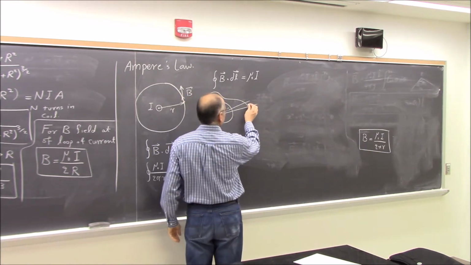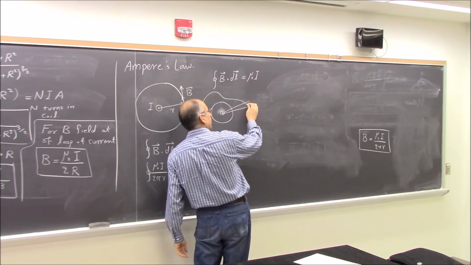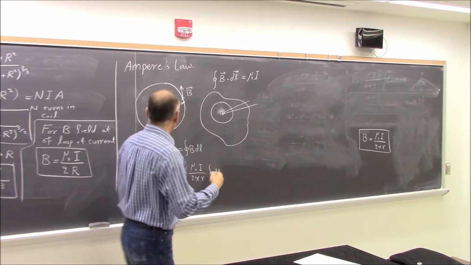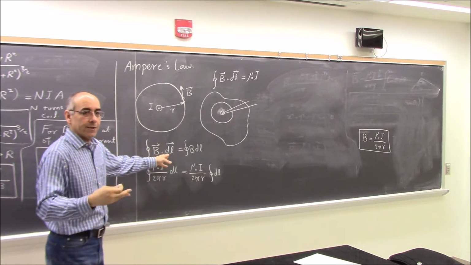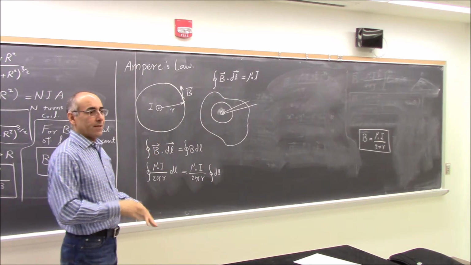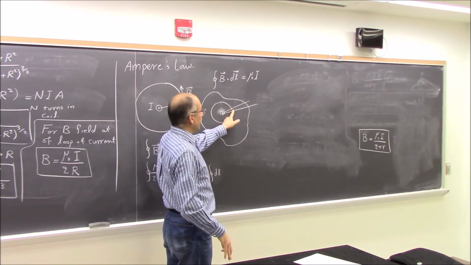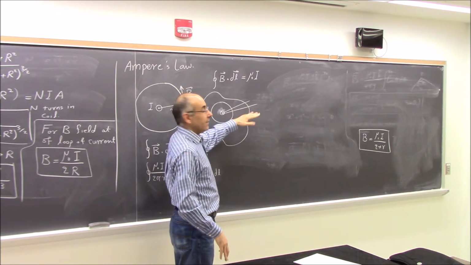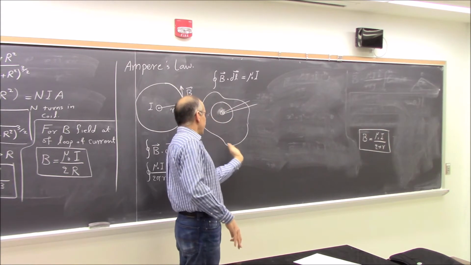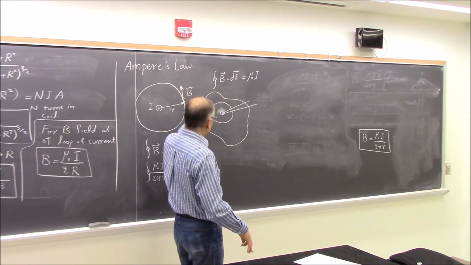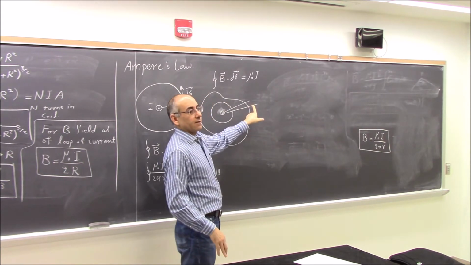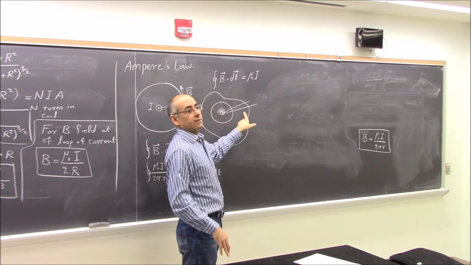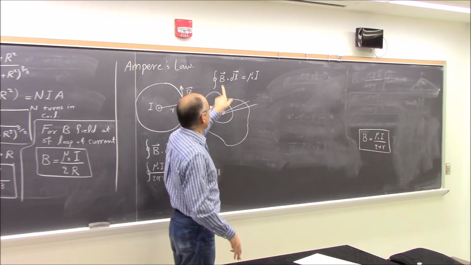And also, if this is at an angle, the length gets increased by cosine of theta, then for the dot product you have to multiply by cosine theta, that also cancels out. So the B dot dl on this line is the same as B dot dl on this line. And then if you add all of these pieces together, you see the B dot dl around this closed path is the same as B dot dl around this circle. Therefore, this is general.